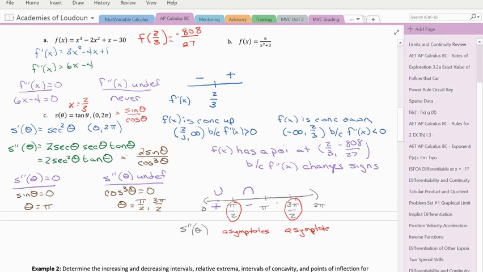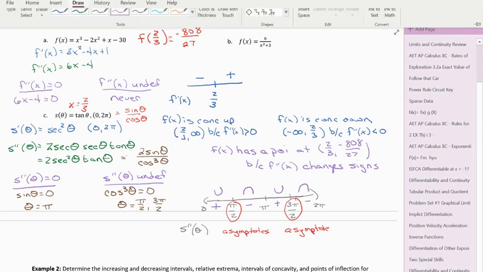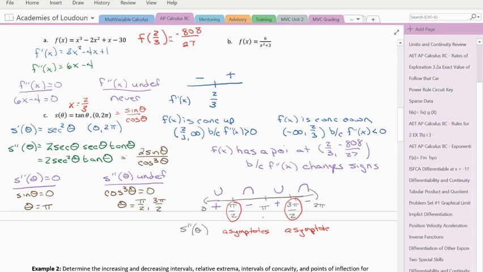Between pi and 3 pi over 2, again, we're going to be concave up. And between 3 pi over 2 and 2 pi, again, we're going to be concave down. And this tells us then that at pi is where we have our point of inflection.